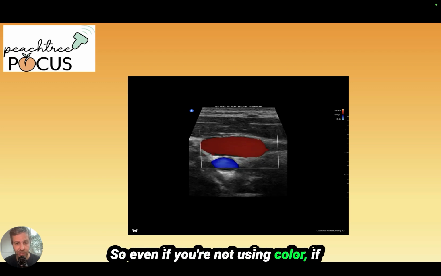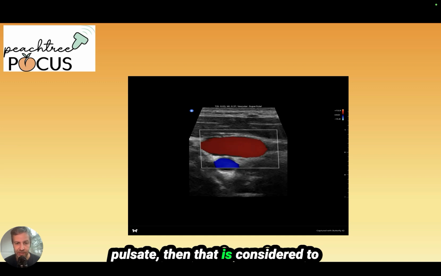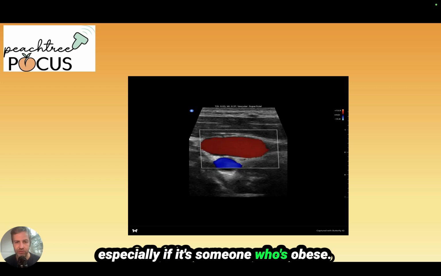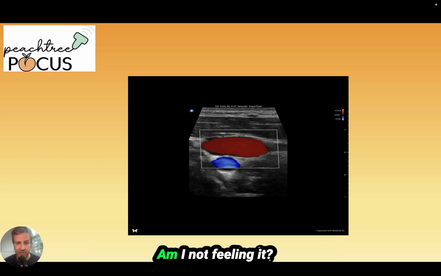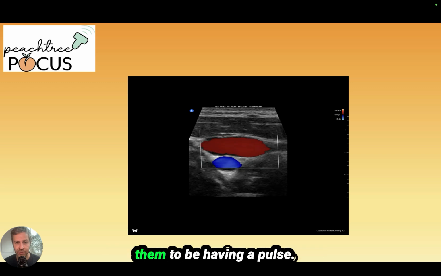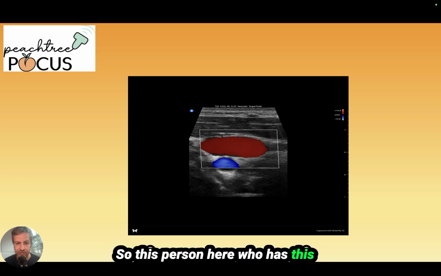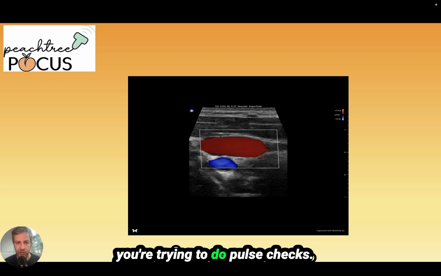Even if you're not using color, if you can see the artery physically pulsate, then that is considered a POCUS equivalent of a pulse, especially in someone who's obese, where you might not know: am I getting a pulse? Am I feeling it? Am I not feeling it? If you have these active pulsations, you can consider them to be having a pulse. So this person here would certainly have a pulse. This is a good move to use when you're trying to do pulse checks.